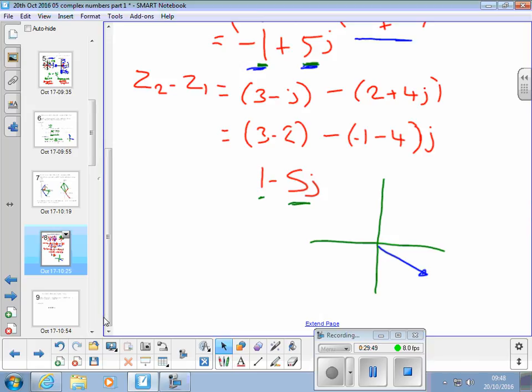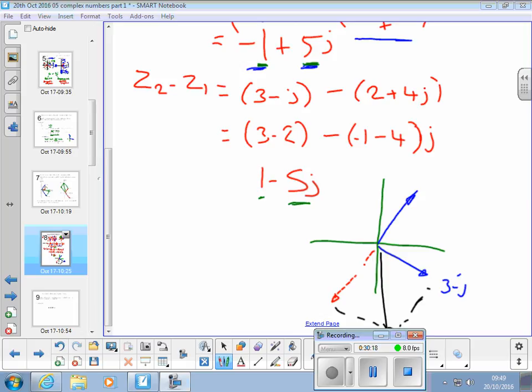We've got the vector 2 plus 4j up there somewhere, but we're taking that away, so we've got to do the minus 2 plus 4j. Yep. And so we've got a vector resultant down here somewhere of 1 minus 5j. So the little diagram can help to see whether we're somewhere in the right place.